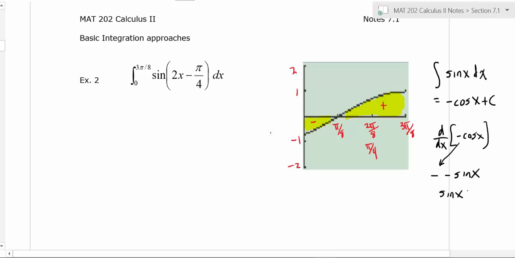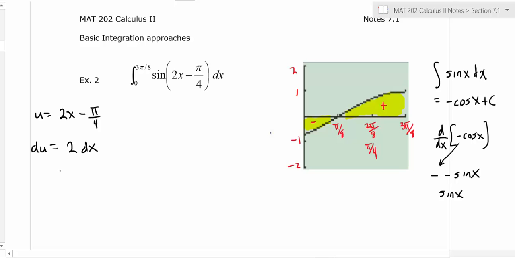Okay, that takes you back like that. So we are going to try to change this into a sine of u integral somehow. So I'm going to start by letting u be equal to 2x minus pi over 4. Then du will be the derivative of this, which is 2 dx.